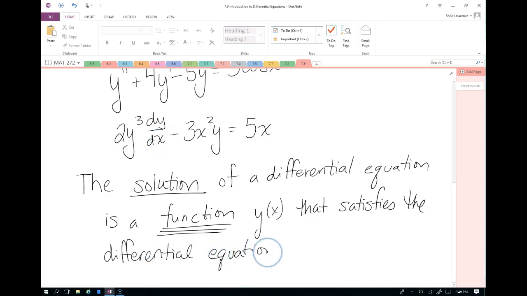So when we're asked to solve a differential equation, our goal is always going to be to find a function, figure out a function that's going to make that equation work.